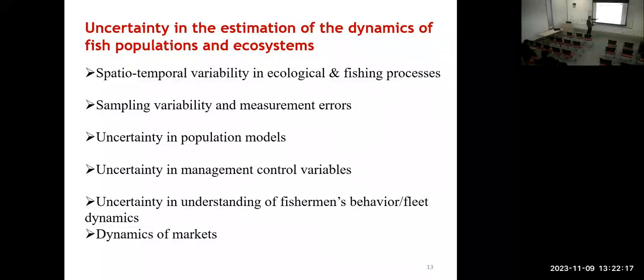And that relates to fishermen's behavior and the fleet dynamics. People change their strategies, and sometimes when you change the regulations, they change their strategies and probably compromise the effectiveness of your management strategies. So that's a very interesting interaction between the management agencies and industry, and it poses a big uncertainty in fisheries management.